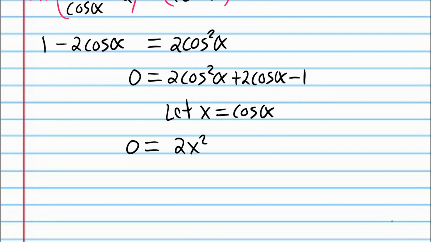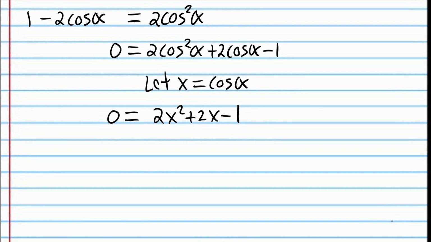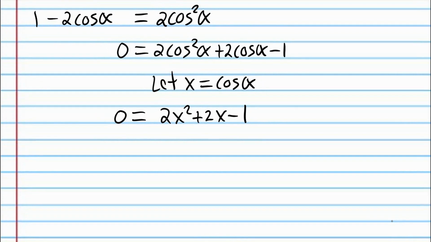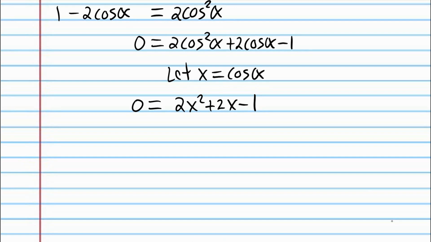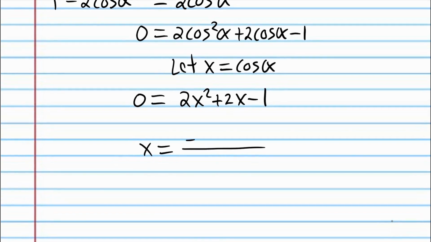So we have 2x squared plus 2x minus 1. Now when you try to solve this, you're going to find that this expression is not factorable. It's not easily factored, that is. So we have to use the quadratic formula.